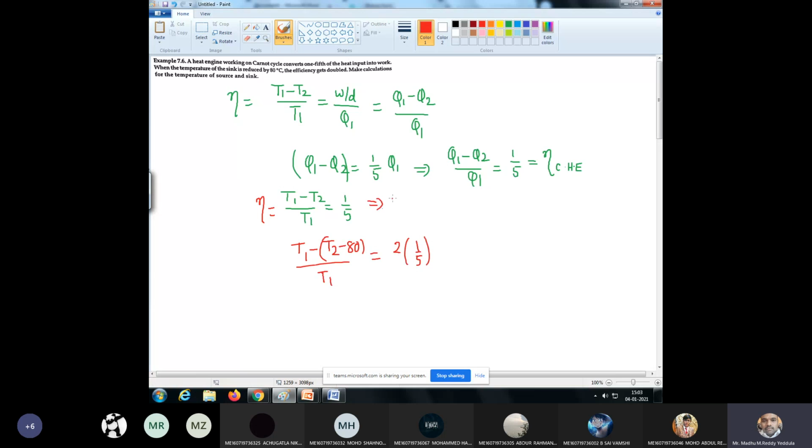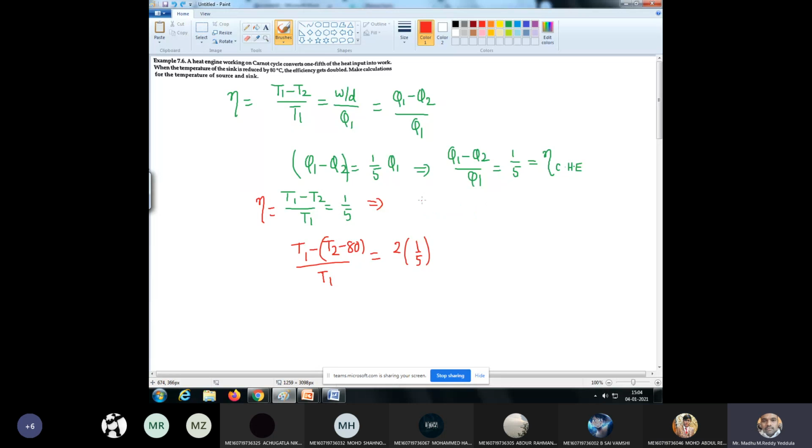So from this equation, I can write T1 minus T2 is equal to T1 by 5, yes or no? 5 should be multiplied here, right? 5 should multiply the numerator.